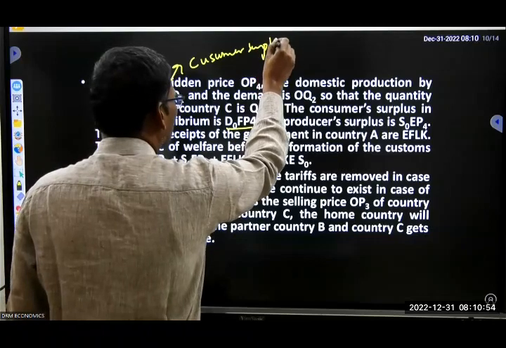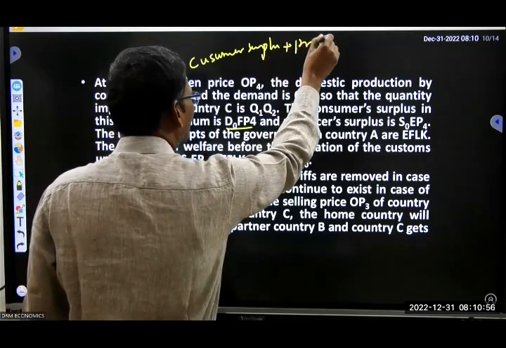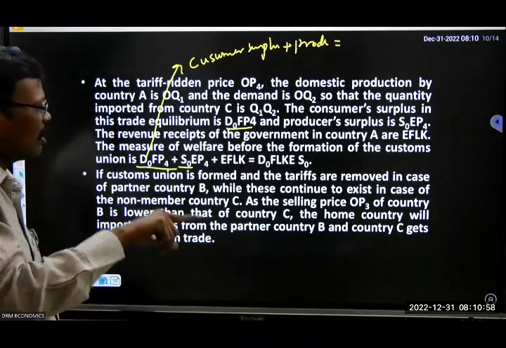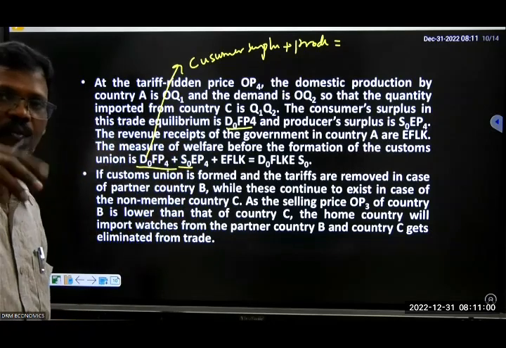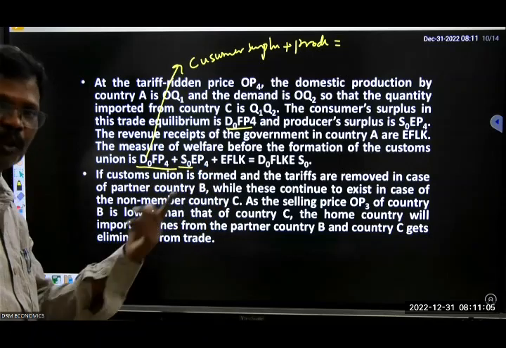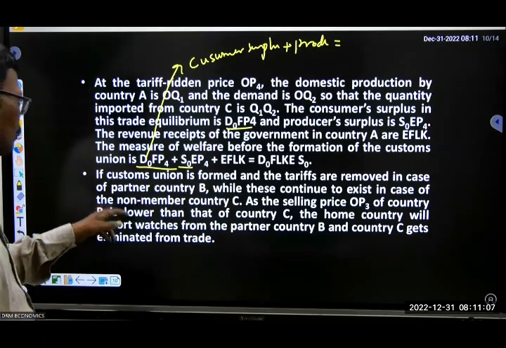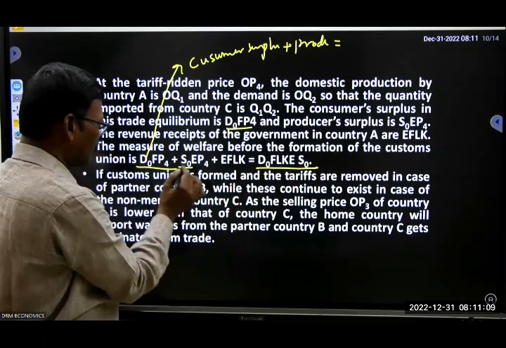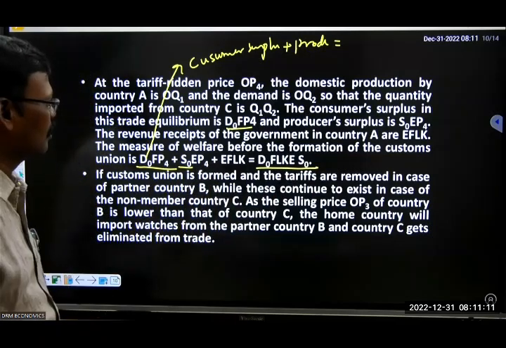Consumer surplus plus producer surplus is called welfare; we can measure the welfare of both consumer and producer that way.